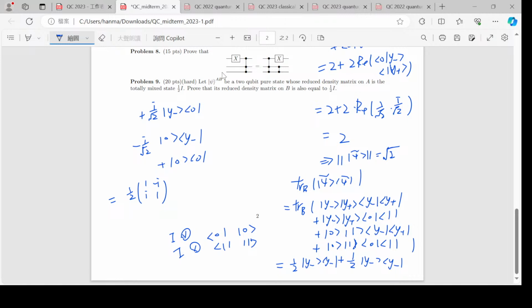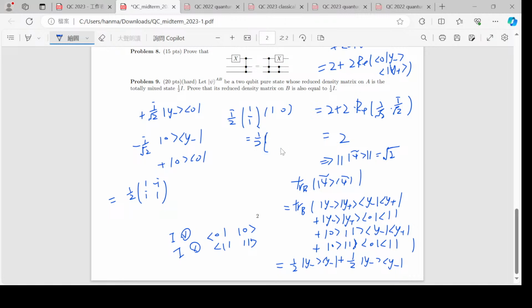Then we have y minus 0. This thing and this thing are just daggers of each other, so let's calculate this one first. That's i over 2 and 1 minus i times 1, 0, which is i over 2.